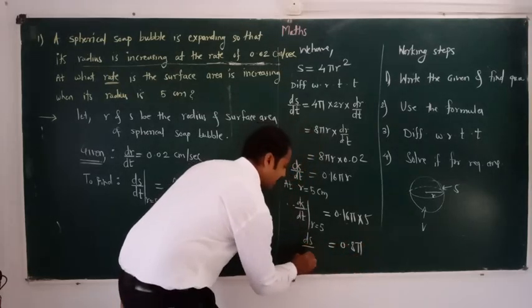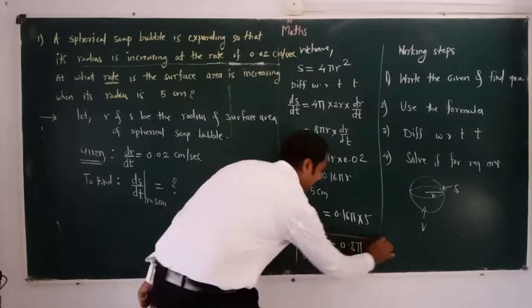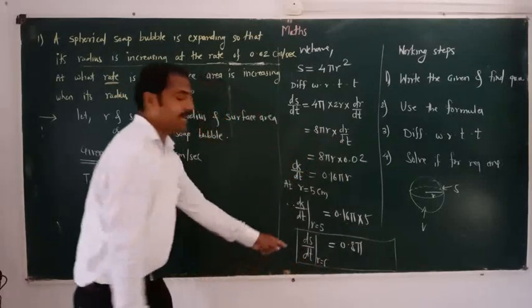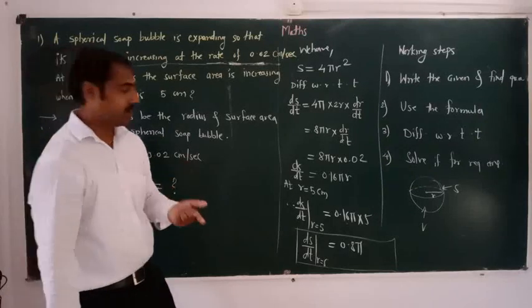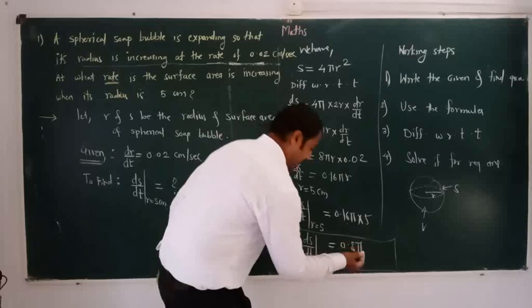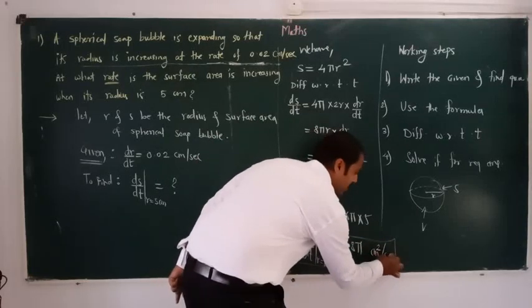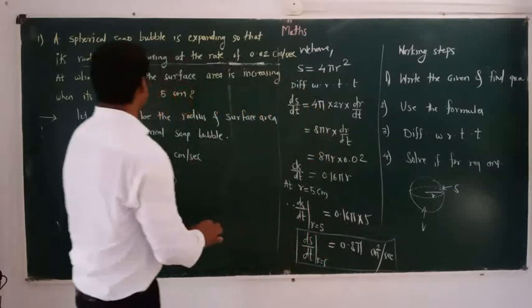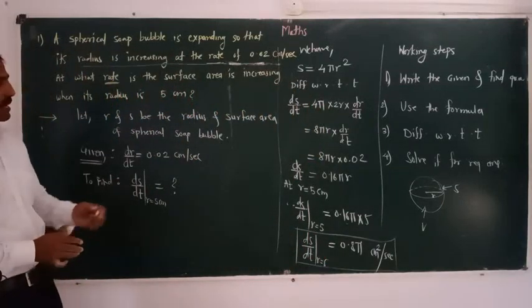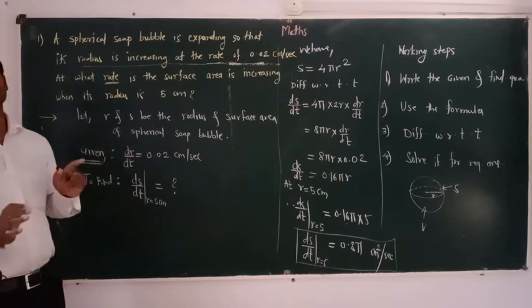It's ds by dt when r is equal to 5. And unit of the area is square unit. So here unit is centimeter per second for radius, and for area it's centimeter square per second. Thus I can say the rate of change of surface area is 0.8 pi when its radius is 5 centimeter.